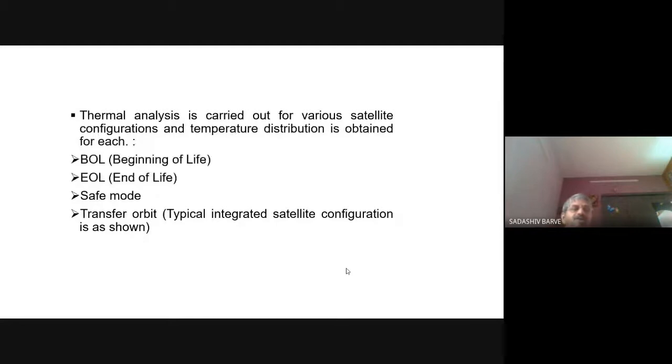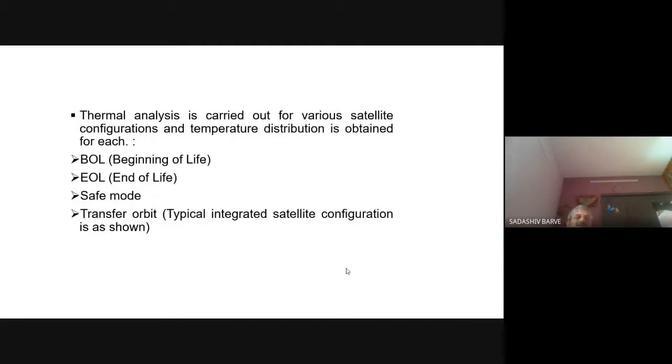That is called safe mode. Under such a position, the satellite generates sufficient power to support the satellite's dependent subsystems, but simultaneously many systems are switched off so that the load on the satellite can be reduced. So this is the concept of safe mode.